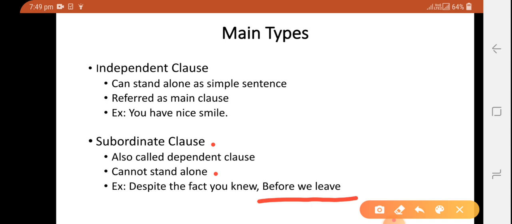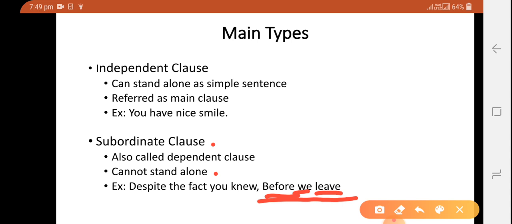So here, before we leave, is a subordinate clause. It's a clause actually because it has a subject we and verb leave, right? But along with before it becomes a clause, subordinate clause or dependent clause.